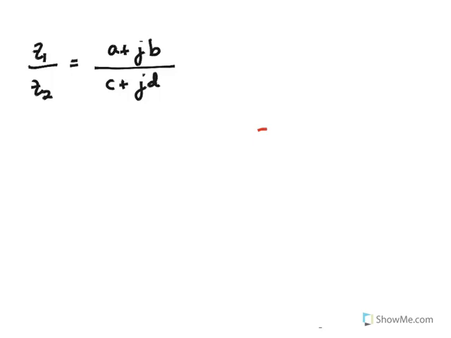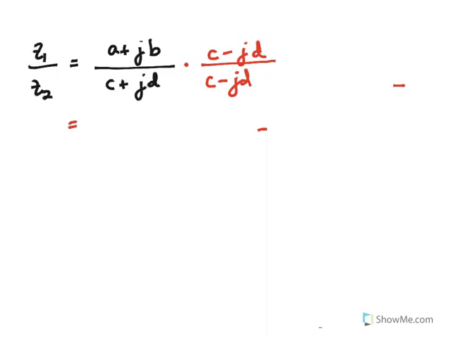So, the complex conjugate of the denominator, c plus jd, is c minus jd, right? So, you multiply the denominator and the numerator by the complex conjugate, c minus jd over c minus jd. So, kapag nagawa natin yon, yung ating numerator, we just use FOIL again to multiply.